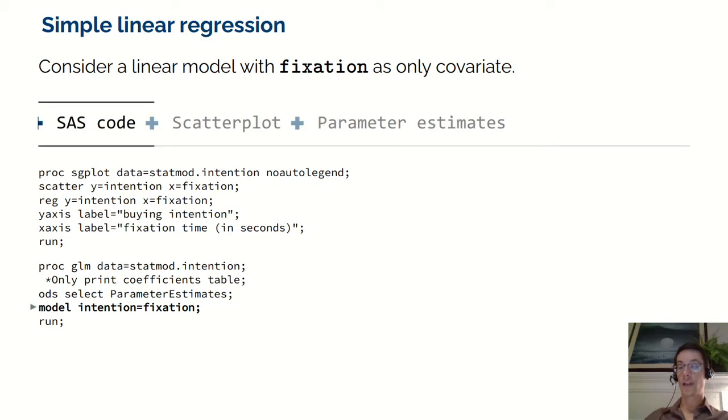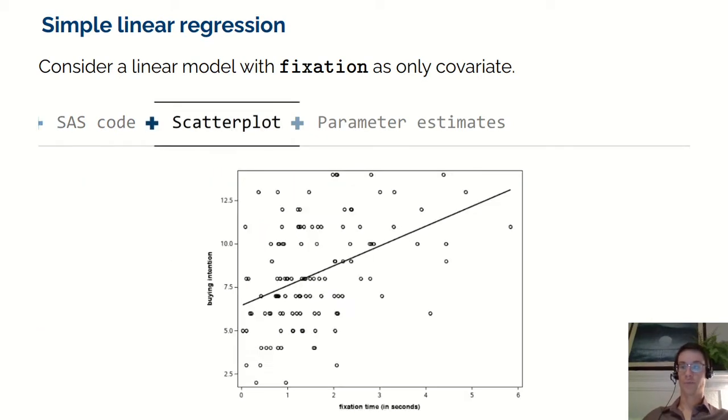So on the left is your response, and on the right, separated by space, you put the explanatories. And normally we will add slash and then some other instructions such as SS3 when we'll be looking at tests. But for now, let's just consider this as it is, and then you will see that it prints a table of coefficient estimates and some tests that we will cover in the upcoming weeks.